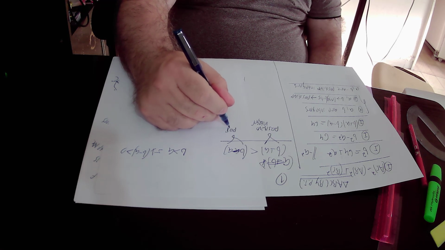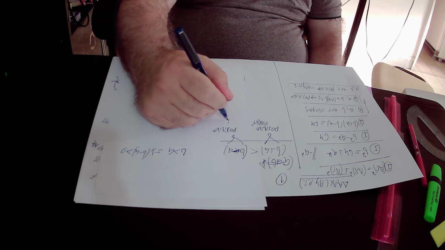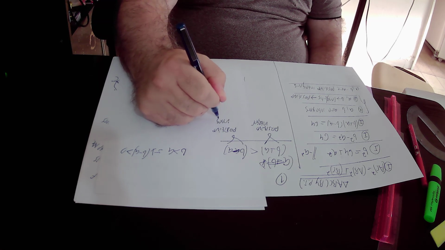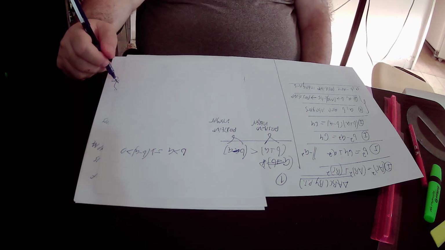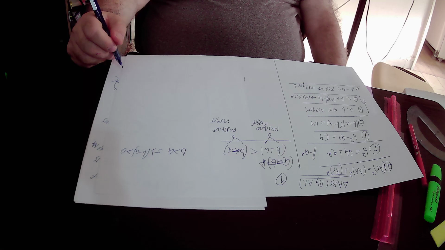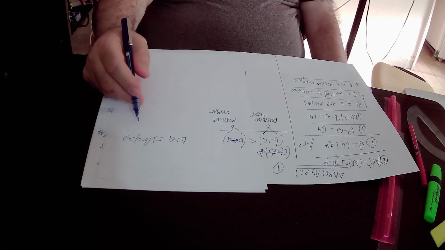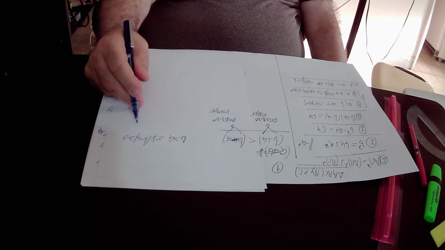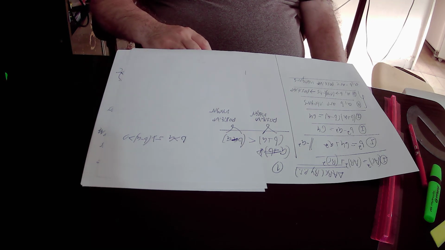Why? Because if B is a positive integer and A is a positive integer, then B minus A also must be an integer, and we know from the beginning that B minus A is positive, therefore it must be a positive integer. Okay.